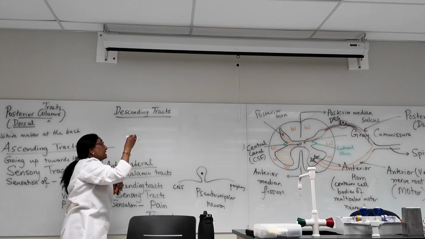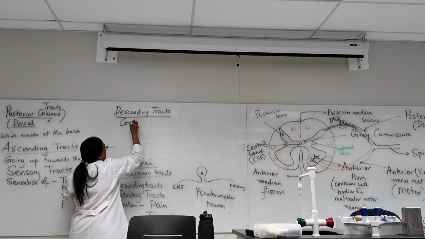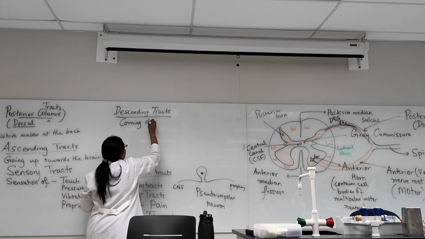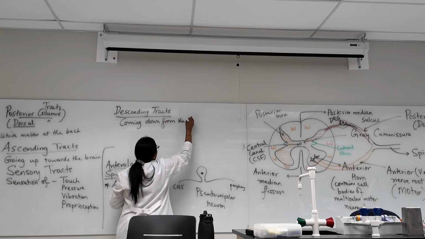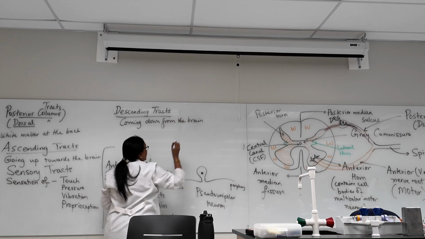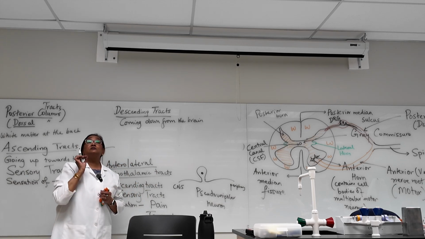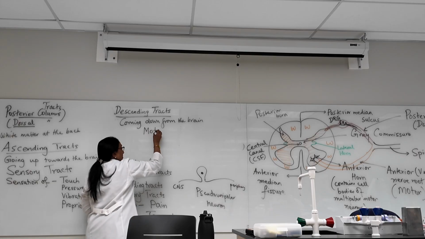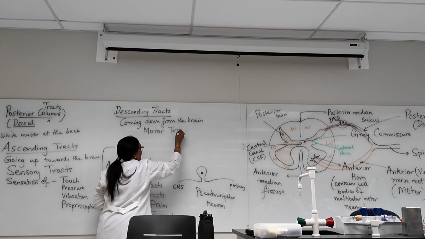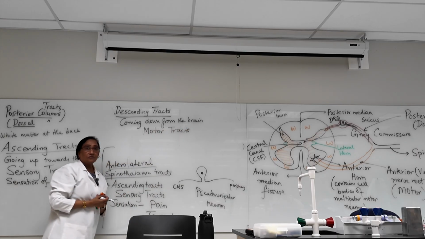Now, descending tracts, that is, they are coming down from the brain, okay? They are bringing information from the brain. Descending tracts are always motor. These are motor tracts. Okay?